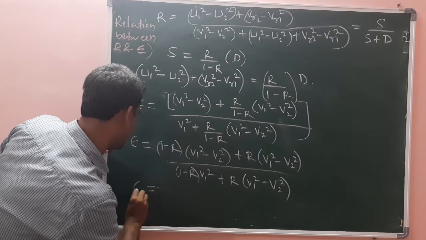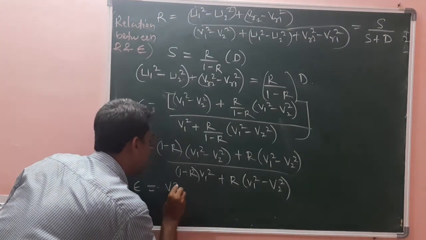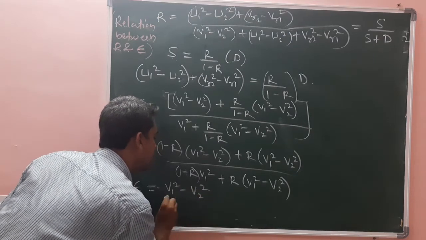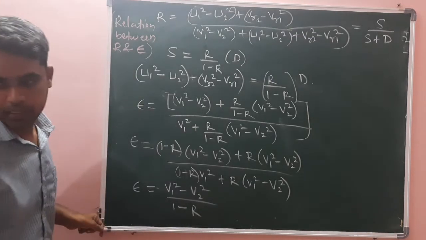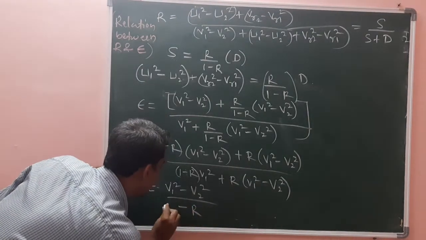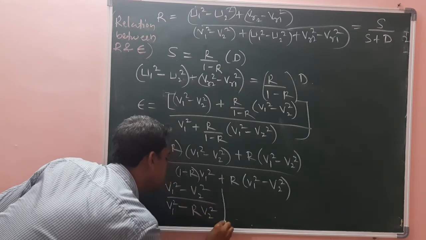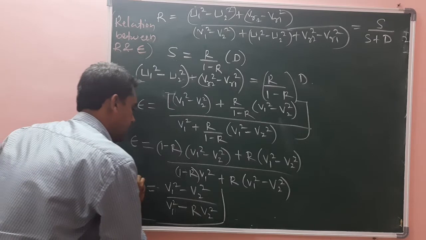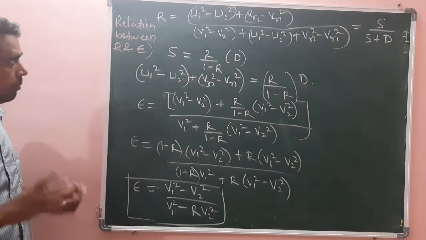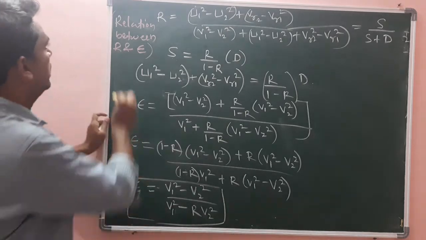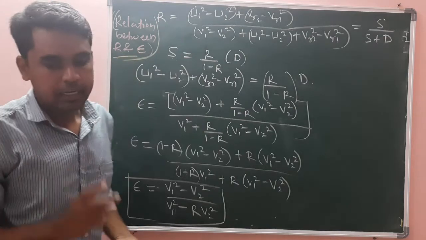What remains is epsilon is equal to v1 square minus v2 square divided by v1 square minus R v2 square. This is the relationship between degree of reaction R and utilization factor, a very important relation from an exam point of view. This is the derivation for the relationship between degree of reaction and utilization factor.